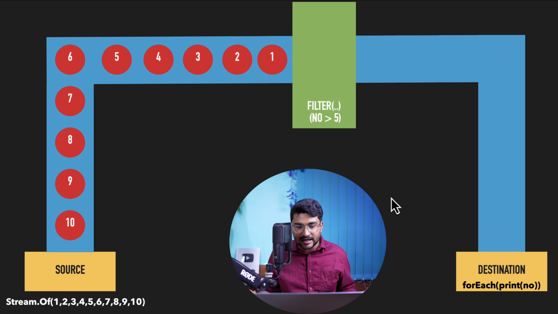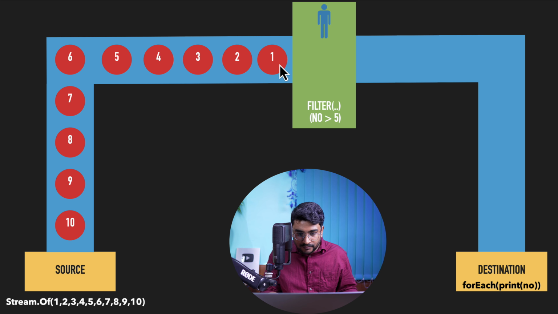You can think of it as if I have set up a kind of worker or labor or a guy. Treat this filter just like a person, standing in the middle and doing some intermediate operation.